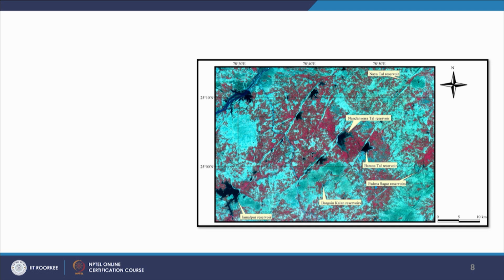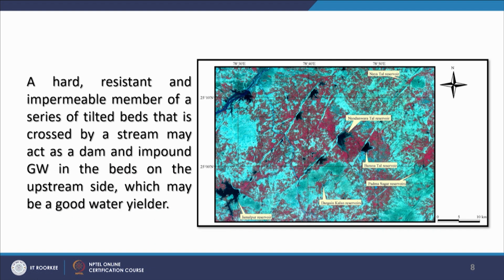So my suggestion to those who are going to do field based investigations is that they must analyze satellite images extensively, interpret them, make inferences on them, and then other investigations should start.